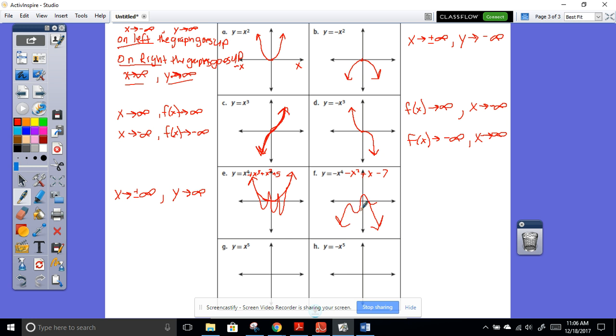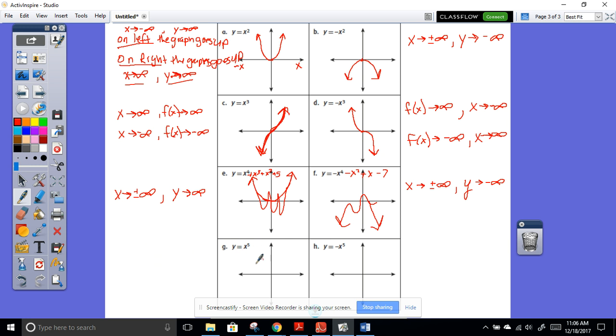But still, the fact that the leading coefficient is negative, it's an even degreed polynomial, then my end behavior should be the same, and this is going to be negative. So you can do the same as x goes both to the right and the left. Then my function, my y values, are going to be going to negative infinity. They're going to be going down.